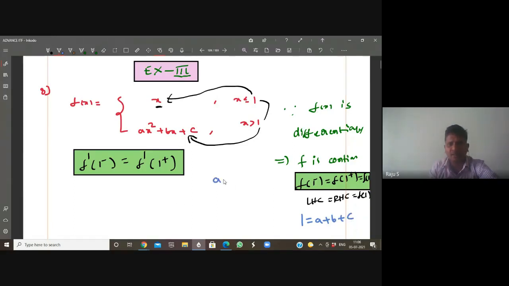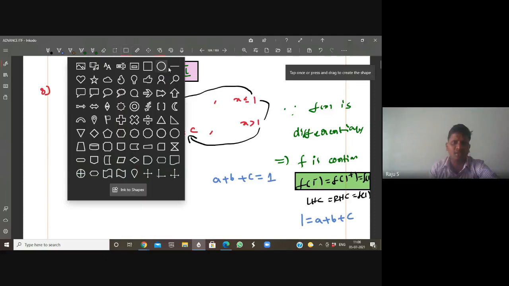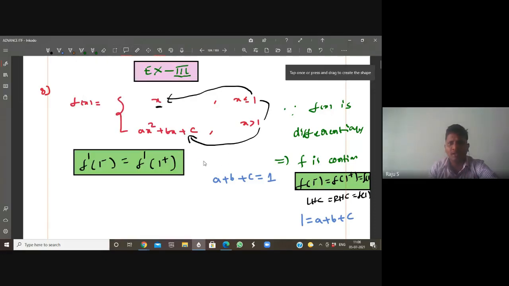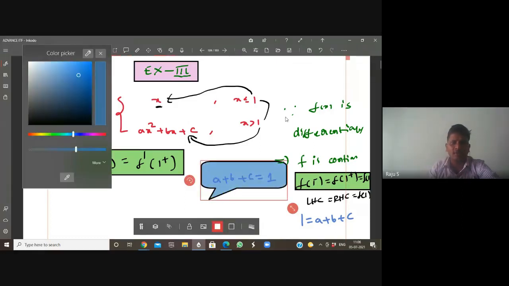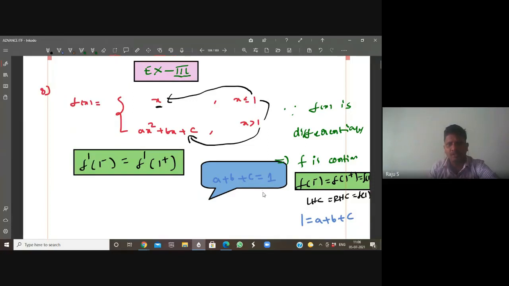Finally, we got one equation, a plus b plus c is equal to 1, with the help of continuity. Left hand continuity should be equal to right hand continuity here.